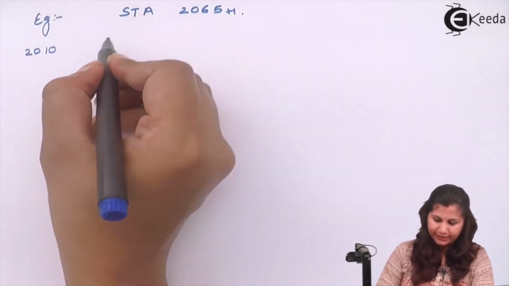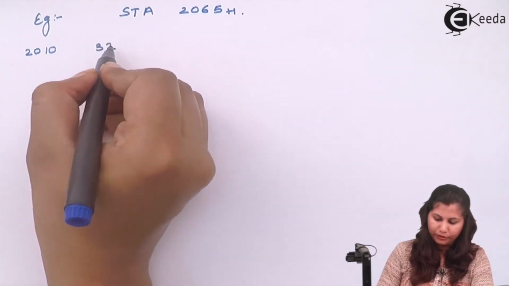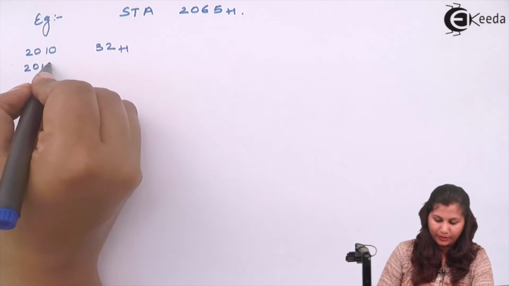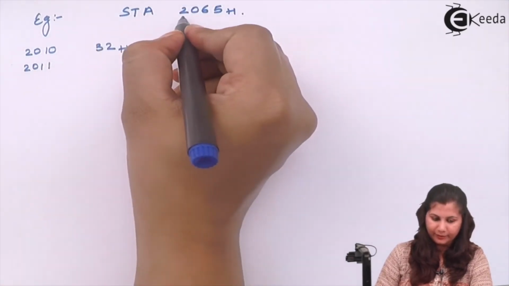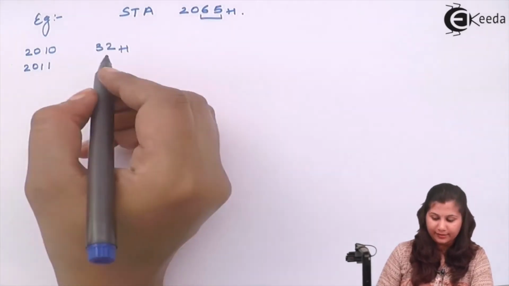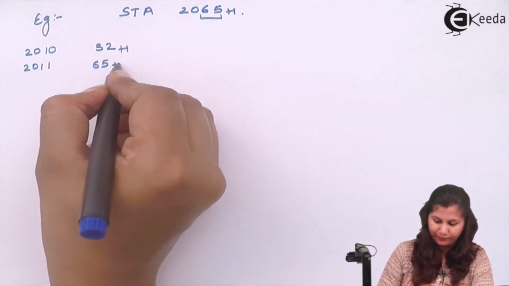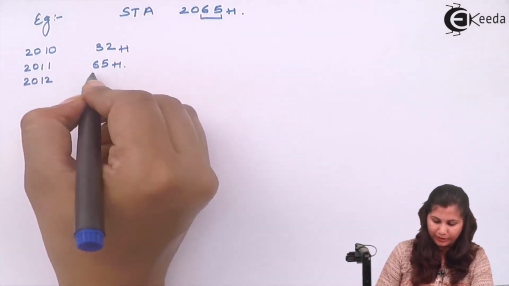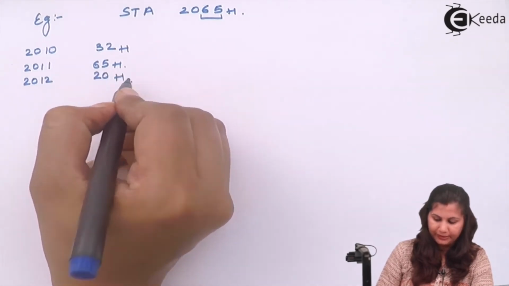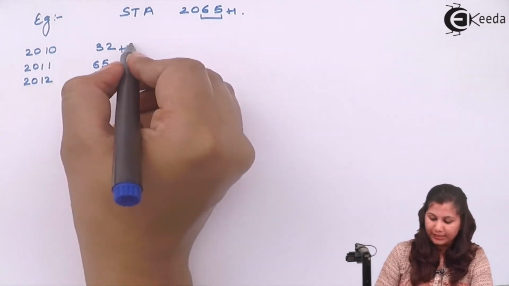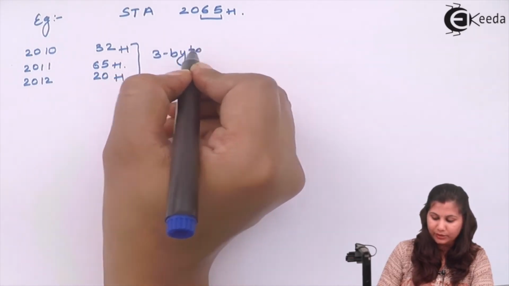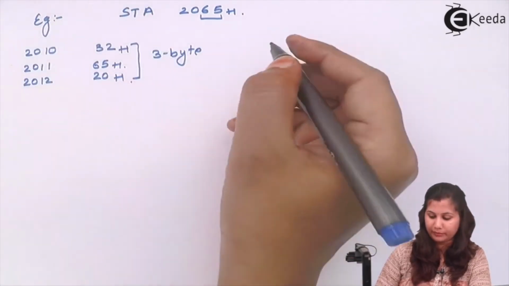The STA has the opcode 32H. Then at 2011, we will write the lower order address 65. Then we will write the higher order address at the next memory location, 20H. So you can see that this is a 3-byte instruction because it requires 3 bytes to get stored in the memory.